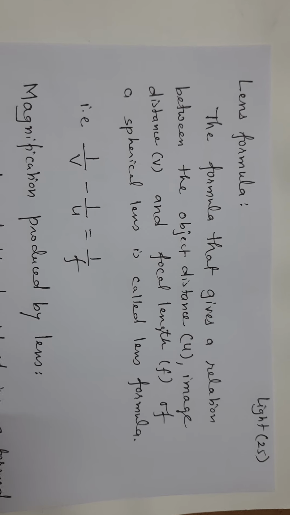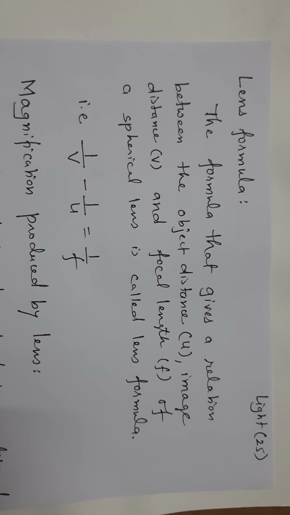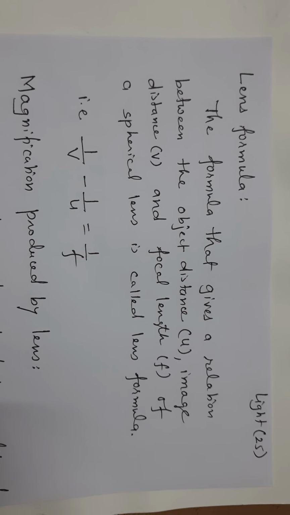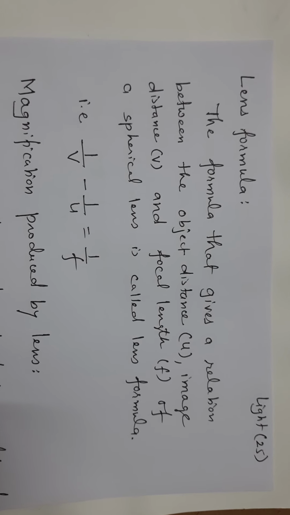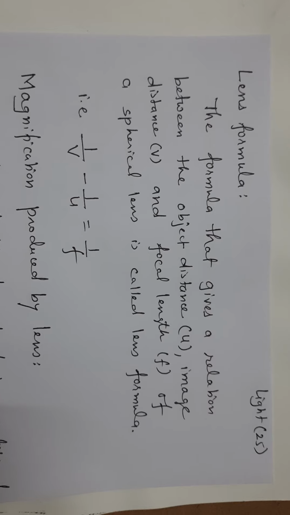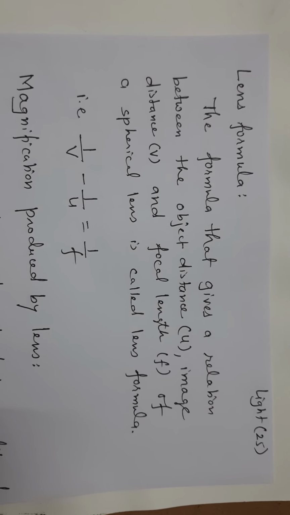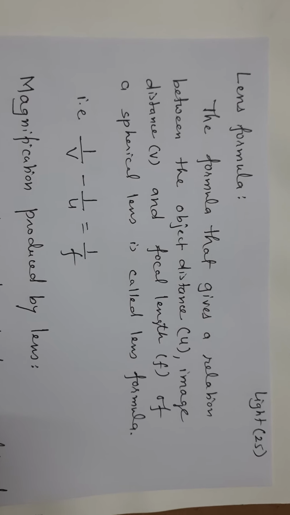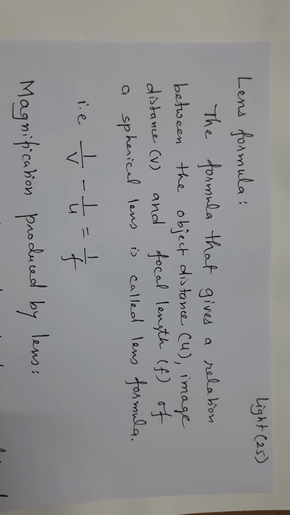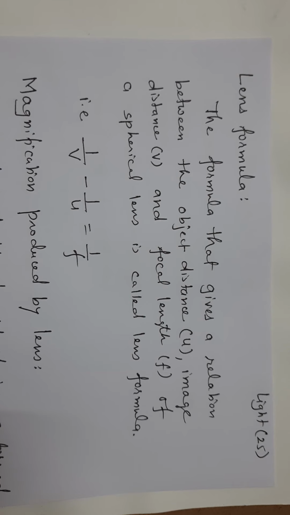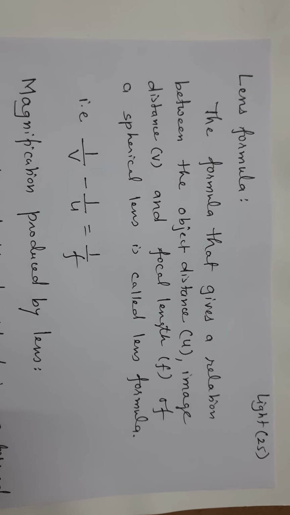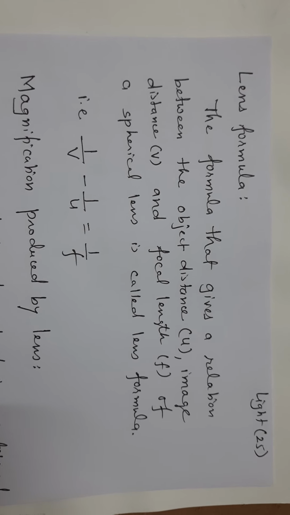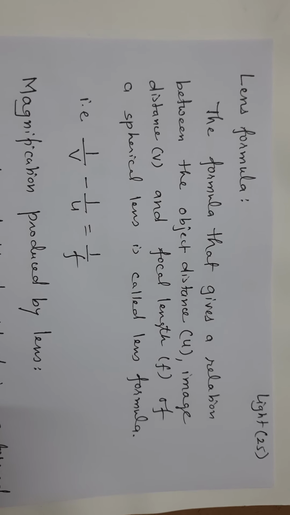When it is put in words, we say that the formula that gives the relation between object distance, image distance and focal length of a spherical mirror, we call it mirror formula. Here we are talking about lens formula. The formula that gives a relation between object distance u, image distance v and focal length f of a lens is called lens formula. There was a plus sign between the two.